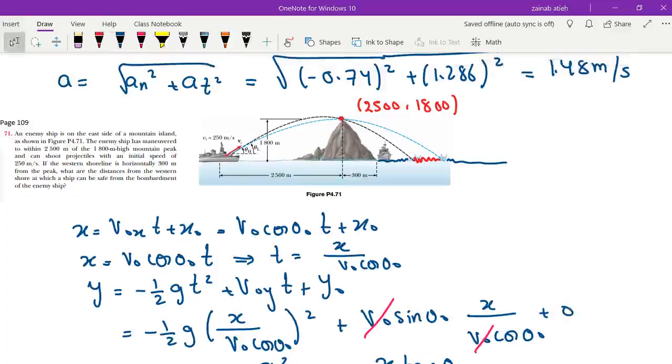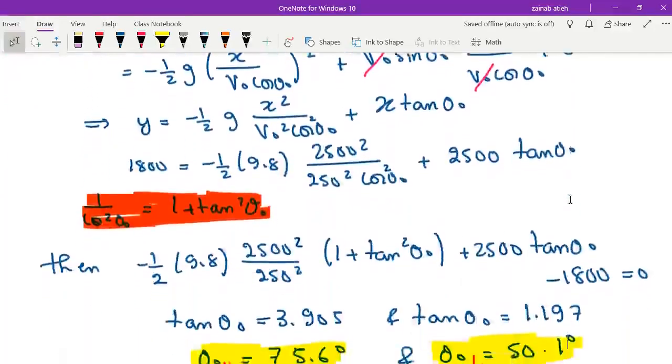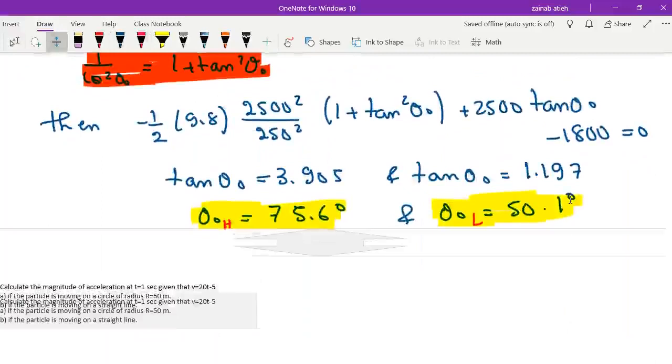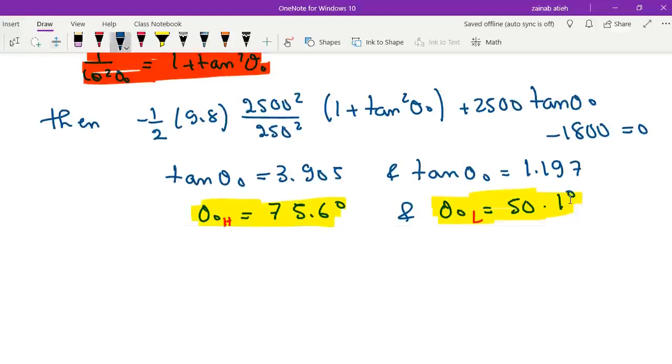Now to find the range, you can either substitute in the equation, take y equals 0 and find x, which is the range, or you can use the formula directly. Because I have already explained it, I will use it directly here to save some time. Let me take some space downward. Okay, let's find the range for theta 0 high.